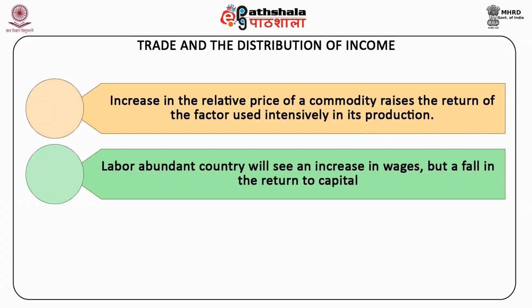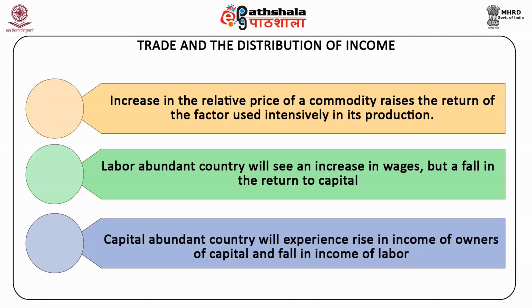Specifically, the real income of labor W rises in nation 1 and the real income of owners of capital R falls in nation 1, while the capital abundant country will experience the opposite pattern of change, that is, a rise in income of owners of capital and a fall in income of labor.